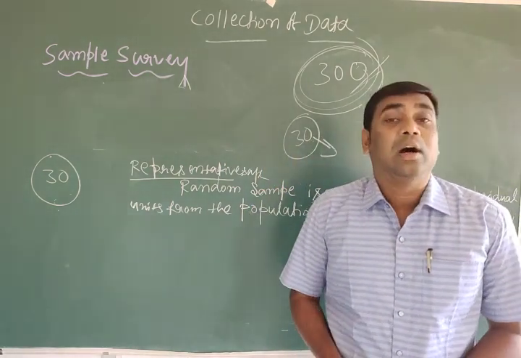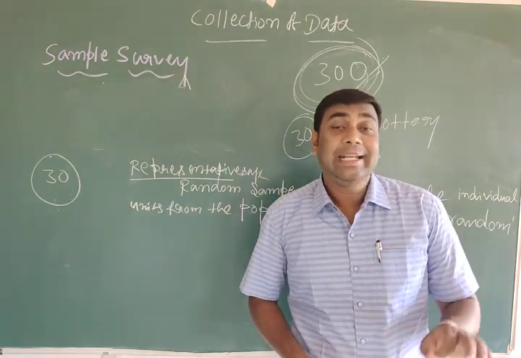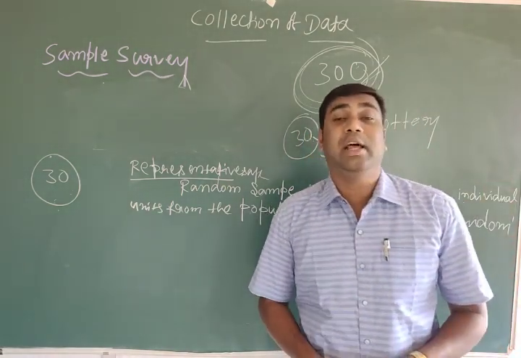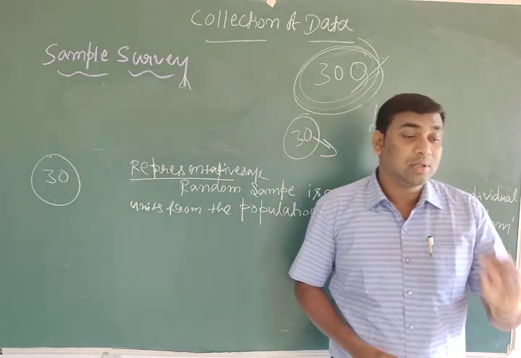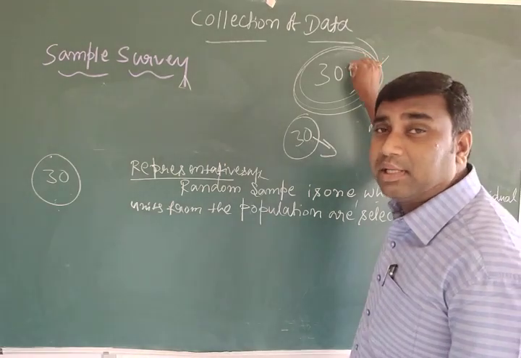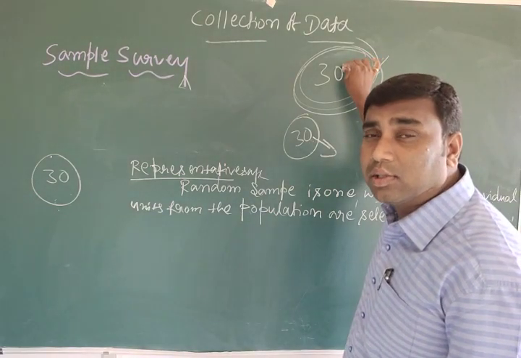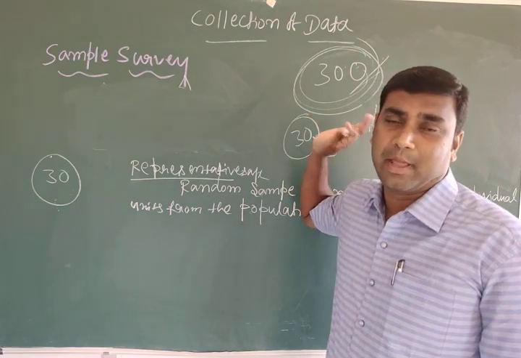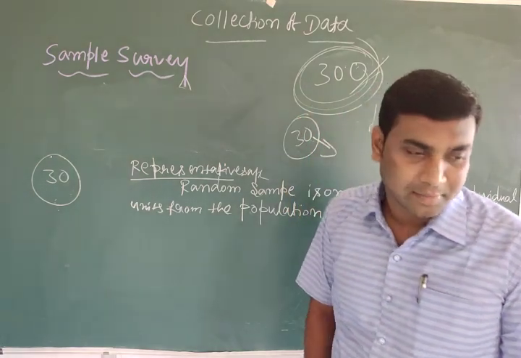You have to understand here. In random sampling, every individual has an equal chance of being selected. Of course, all 300 households have the same rights, an equal chance to be selected.